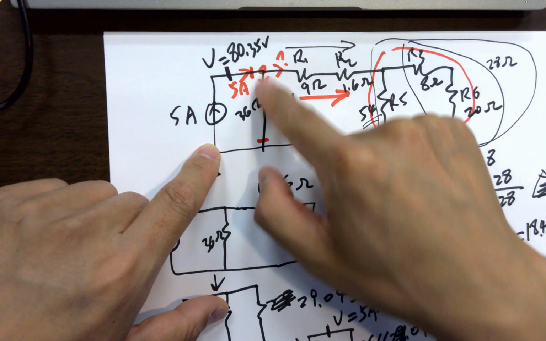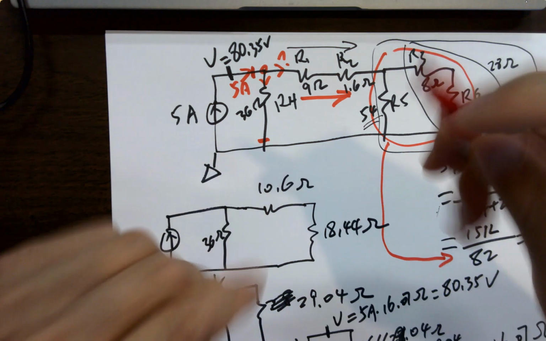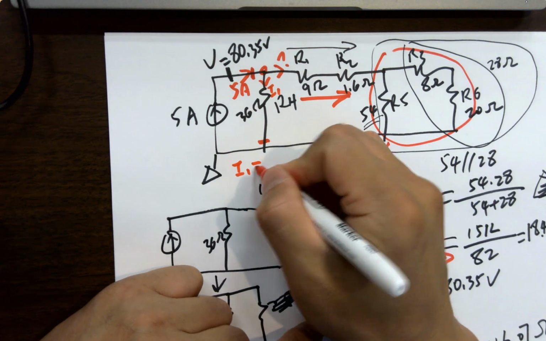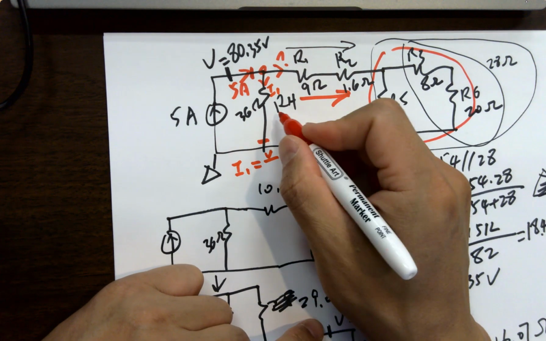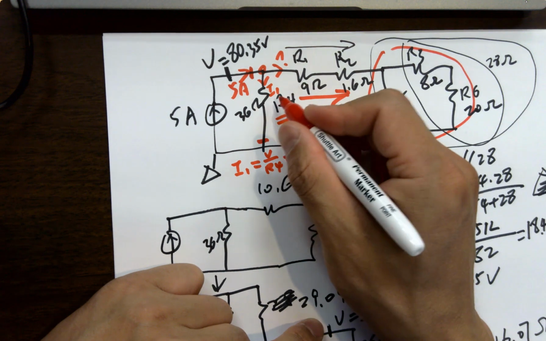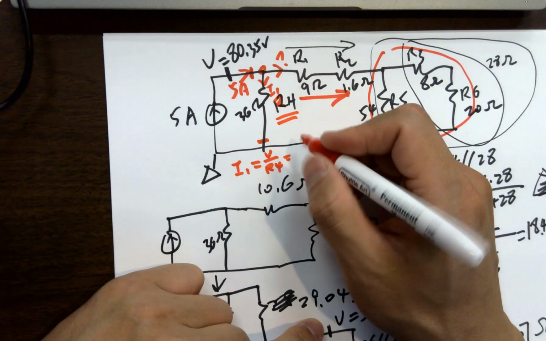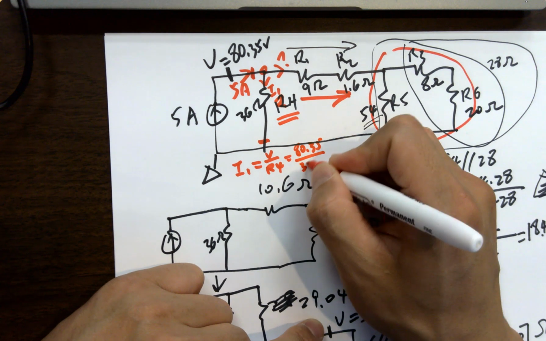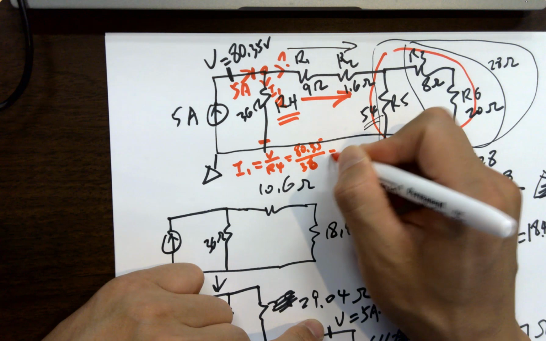So what's the current here? Let's call it I1. I1, what is I1? I1 is V over R4, right? Which is 80.35 over 36 ohms.